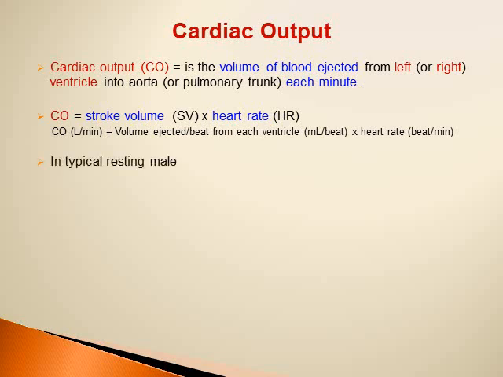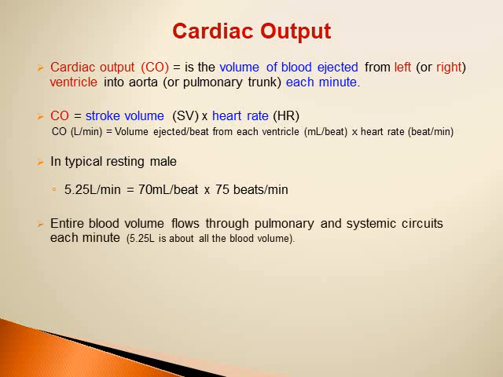In a typical resting male, which means at rest, the cardiac output is around 5 liters per minute, which is the product of 70 milliliter per beat, the stroke volume, multiplied by the heart rate, which is 75 beats per minute.